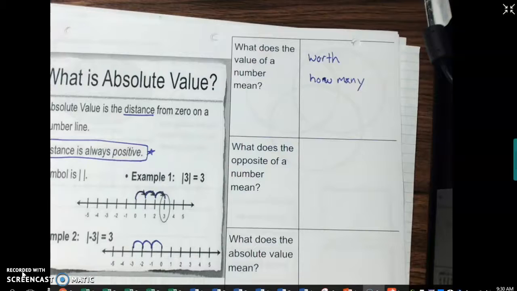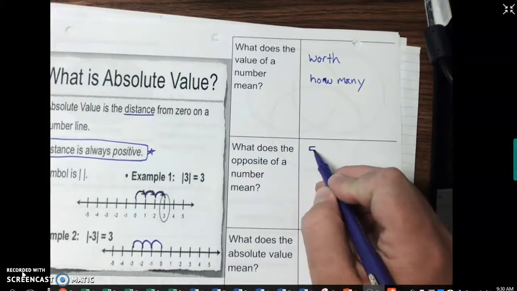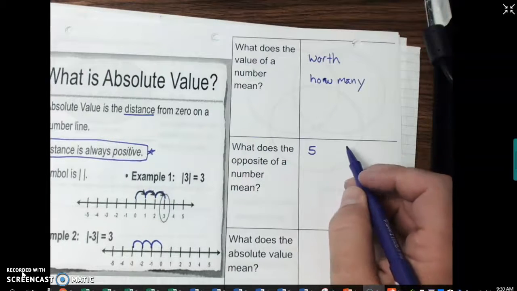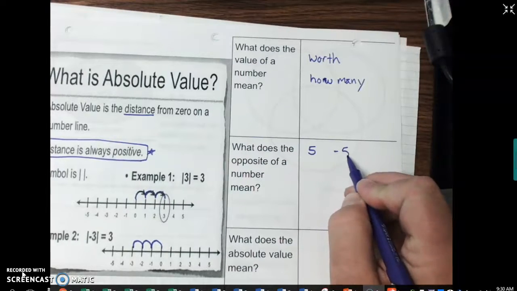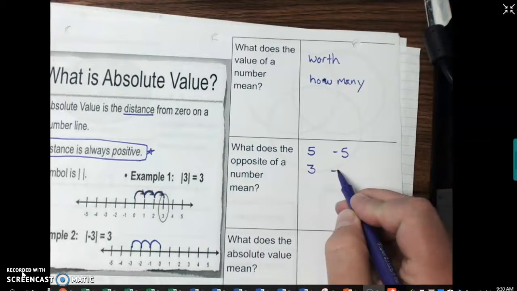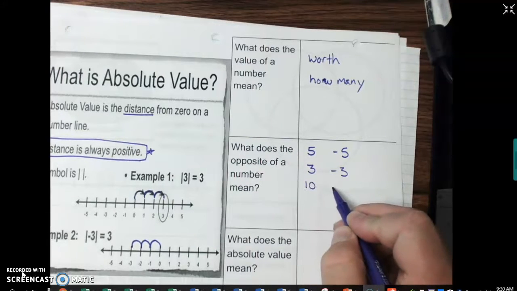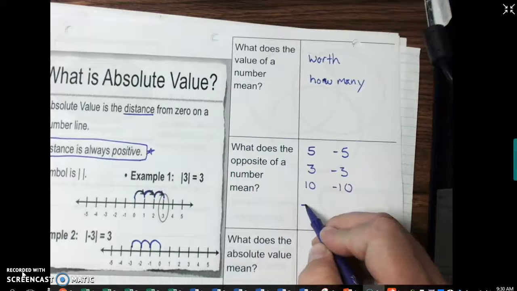What does the opposite of a number mean? Yes, sir. Okay. What is the opposite of 5? Okay, I'm going to ask this. I want everybody answering. What is the opposite of 3? -3. The opposite of 10? -10. The opposite of -2? 2.